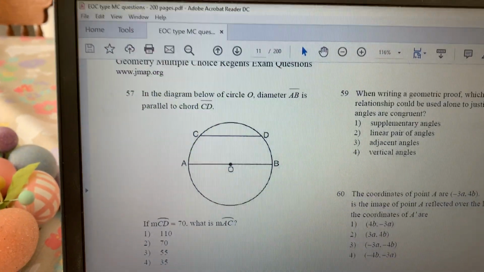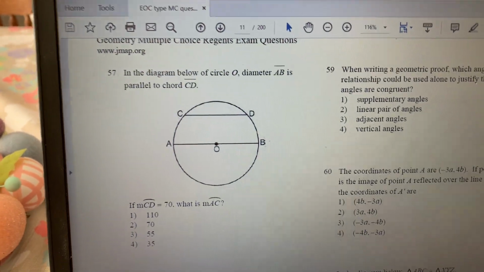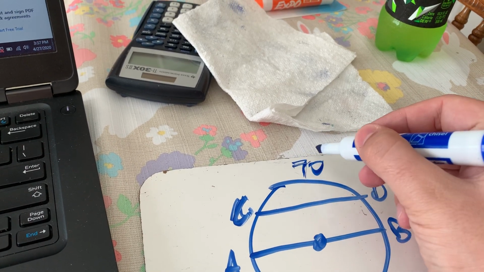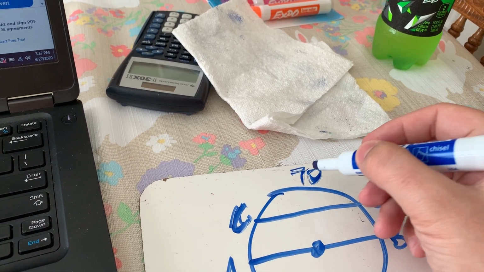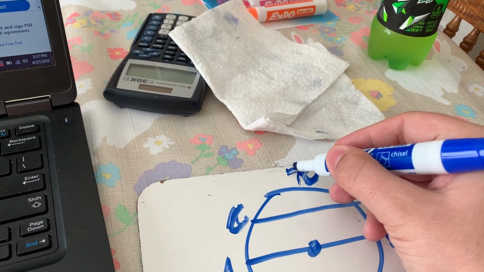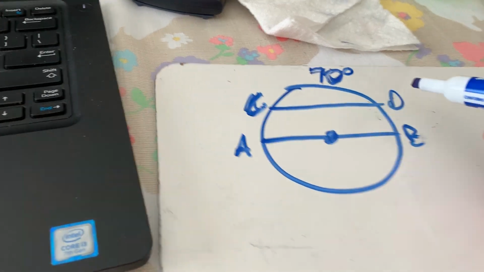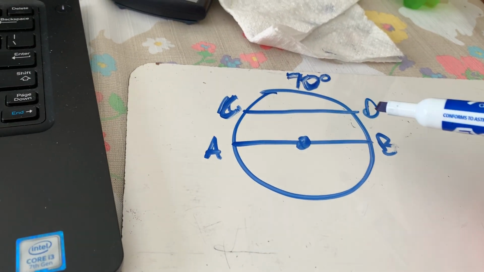All right, so it tells me the measure of arc CD is 70 degrees. So, again, if we remember about the arcs, all the way around the circle is 360, right?